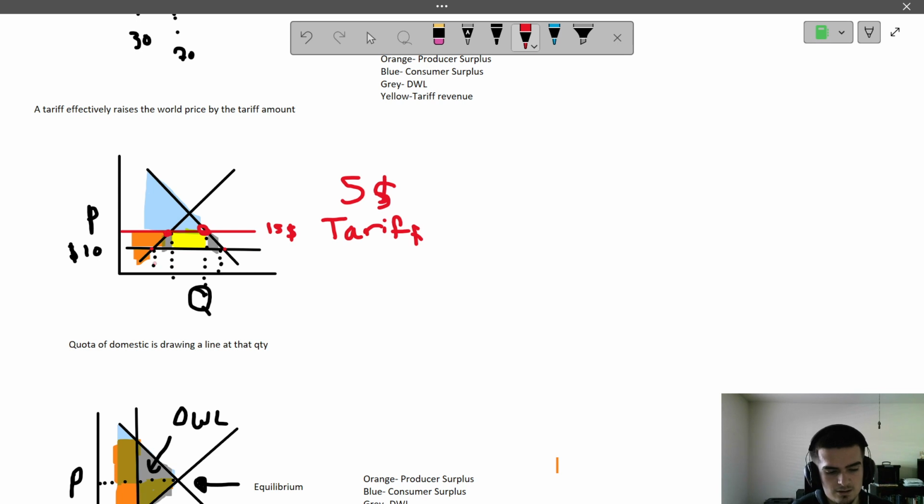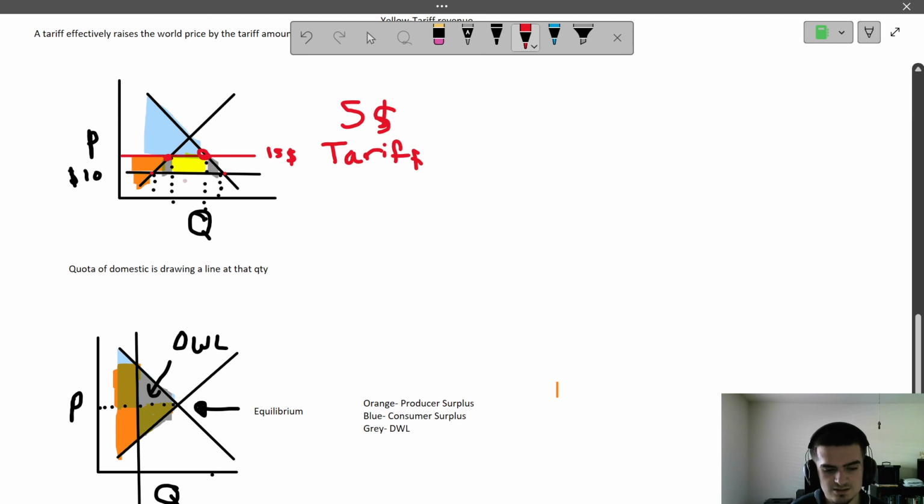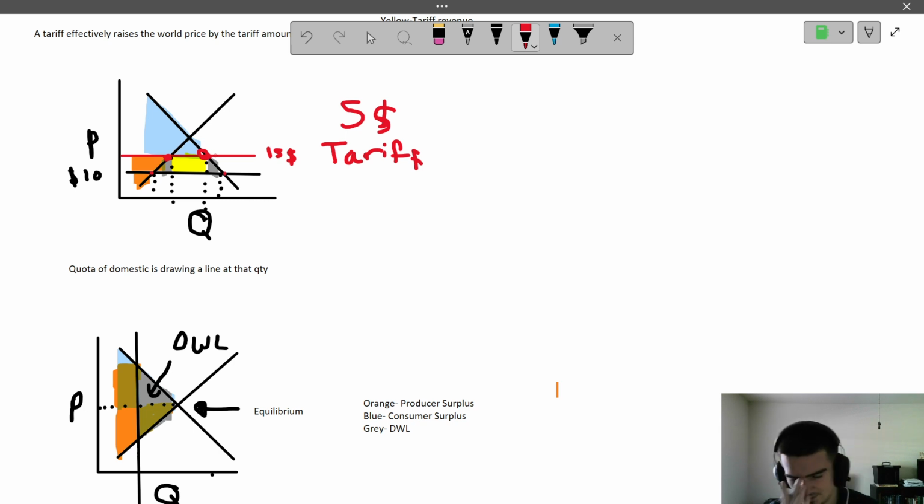So we are losing out on beneficial interactions, causing deadweight loss, but we're also getting tariff revenue. The tariff revenue is in yellow, and deadweight loss is gray. And for the tariff revenue, you take where that new price intersects, and that area between that old price, and that's your rectangle.